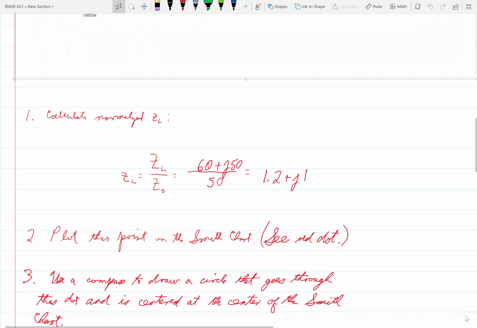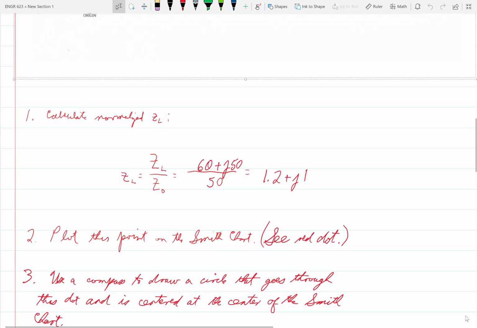And the quantities that are desired are A, the SWR on the line, B, the reflection coefficient at the load, C, the load admittance, D, the input impedance of the line, E, the distance from the load to the first voltage minimum, and finally F, the distance from the load to the first voltage maximum.